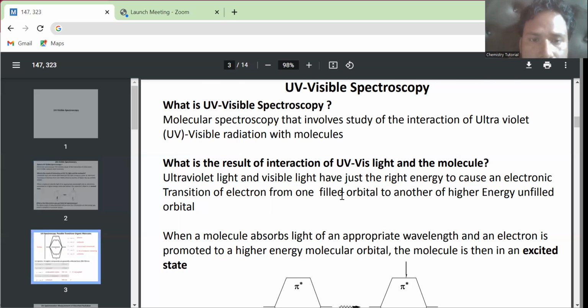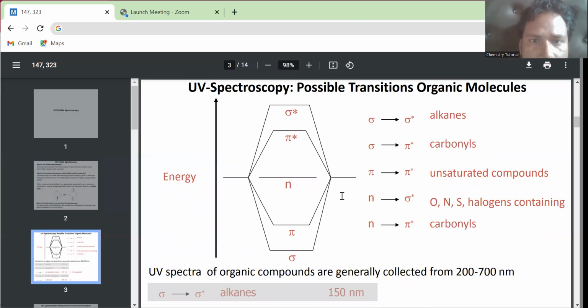The next topic is UV visible spectroscopy, possible transitions in organic molecules. If you look at the molecular energy levels, there is the possibility of non-bonding to pi star, or non-bonding to sigma star, and below the non-bonding electrons are the pi and sigma levels.